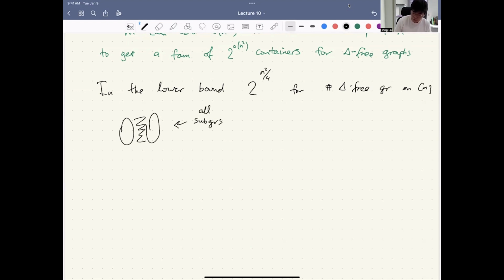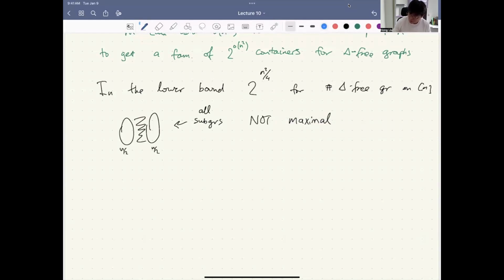All subgraphs. But all these subgraphs, except this guy itself, are not maximal triangle free. They are not maximal.